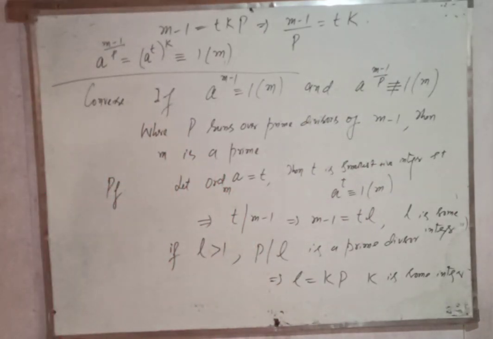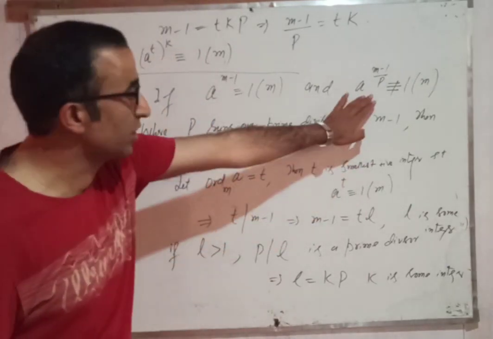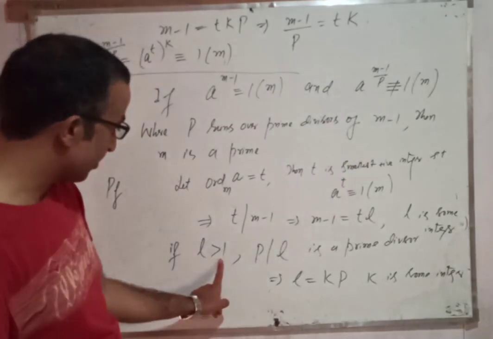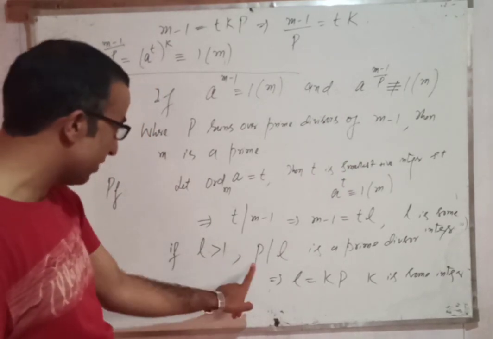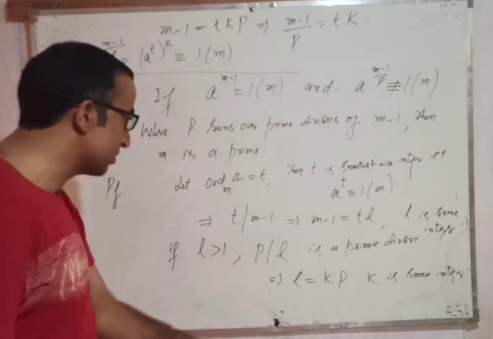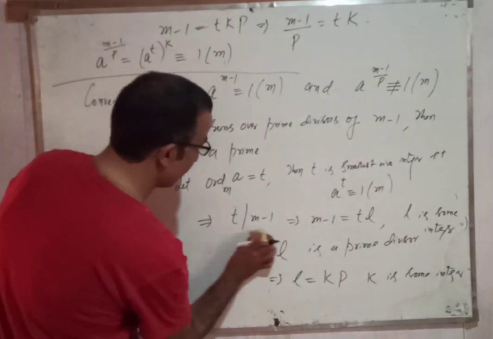So we have a contradiction to the given hypothesis. Means this l cannot be greater than 1, because whenever it has a prime divisor, that gives us a contradiction. Means l must be 1.